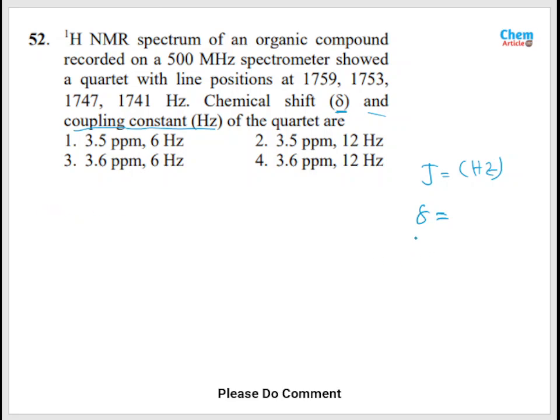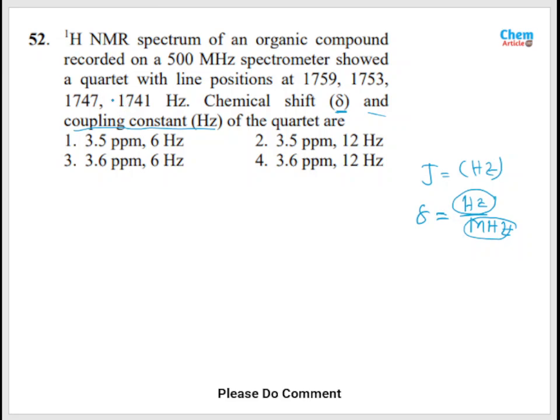We know that the delta value is Hz by MHz. That is the instrument frequency, and this is the total frequency, and this is the reference frequency.